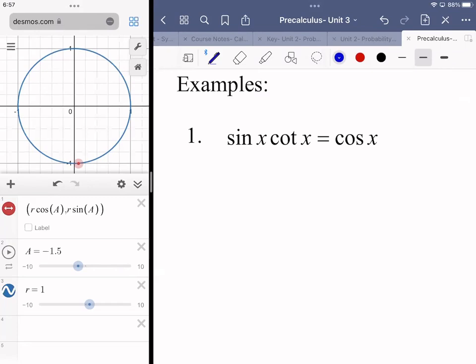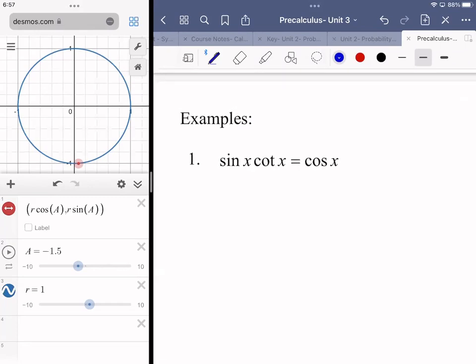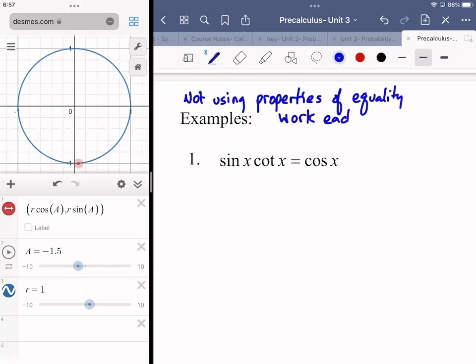So we don't want to use any properties of equality, which just means that you can't add to both sides. I can't divide both sides by cotangent x or anything like that. What I have to do is work each side of the equation independently.